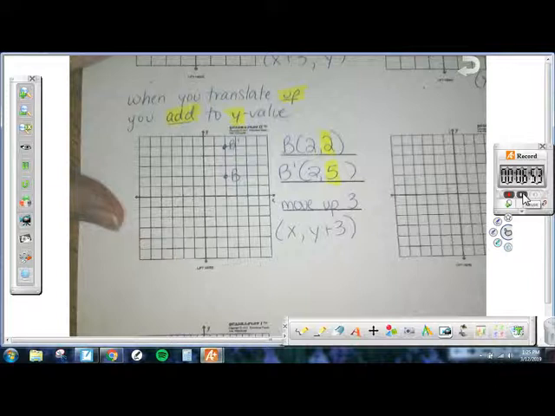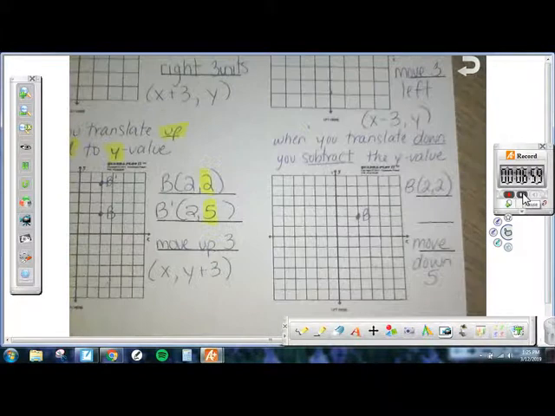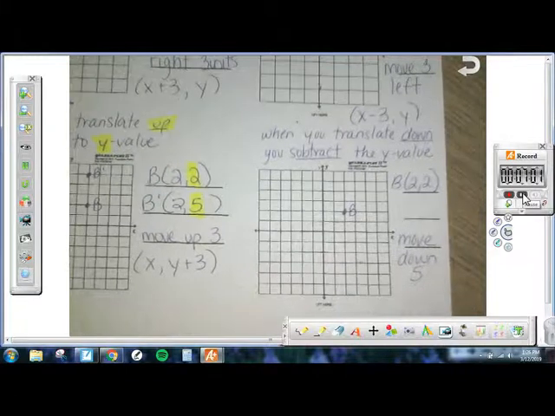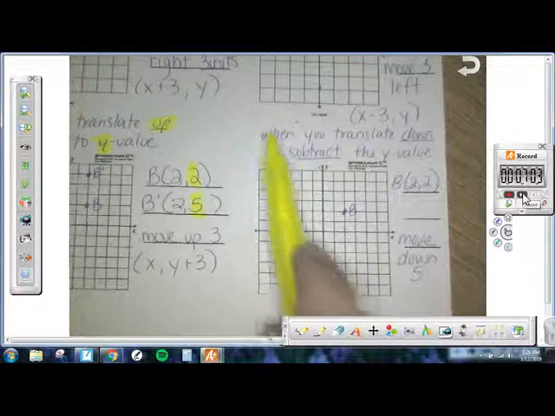F is negative 2, negative 6. And G is negative 8, negative 6. These are the given points, and you need to plot those points and make sure you label each vertex.